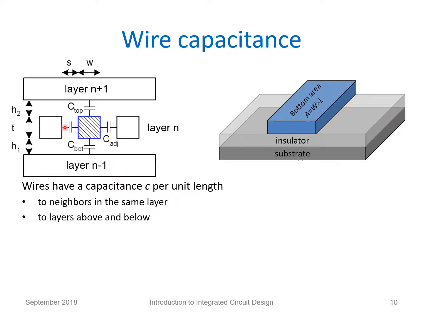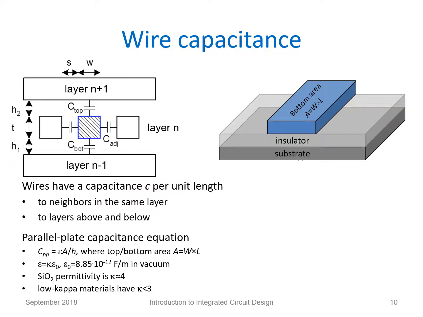The parallel plate capacitances illustrated in this figure can be easily obtained from the well-known parallel plate capacitance equation, where the capacitance is given by the dielectric permittivity times the area of the parallel plates divided by the thickness of the dielectric. In the case of the top-bottom capacitances, the area is the width times the length of the wire.